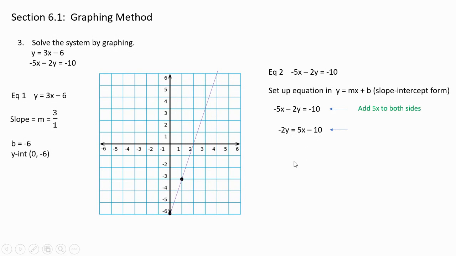Then we divide both sides by -2. So y equals -5/2 x plus 5. What's my slope? My slope is -5/2. And my b, which is the y-intercept, is 5.